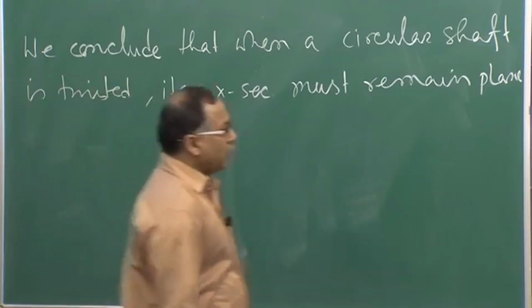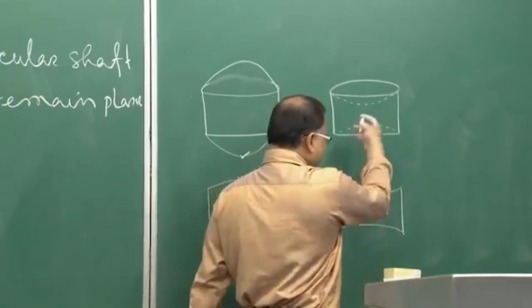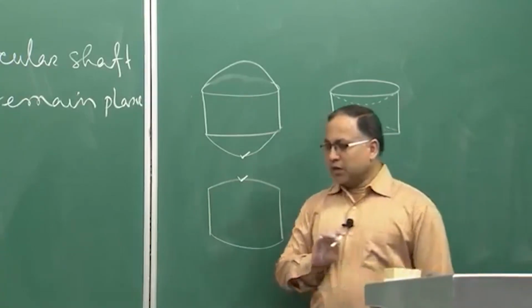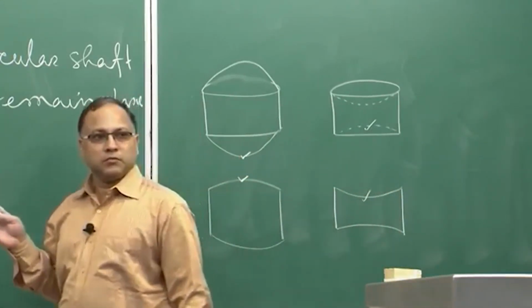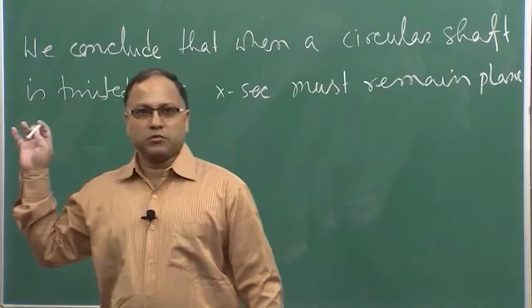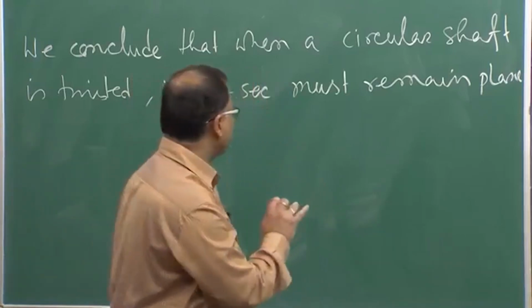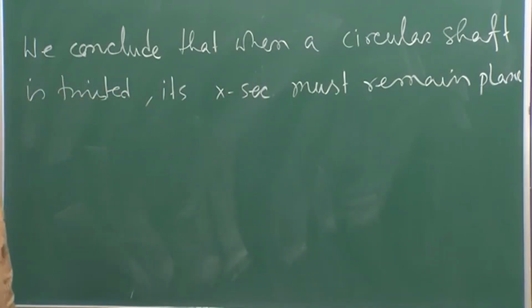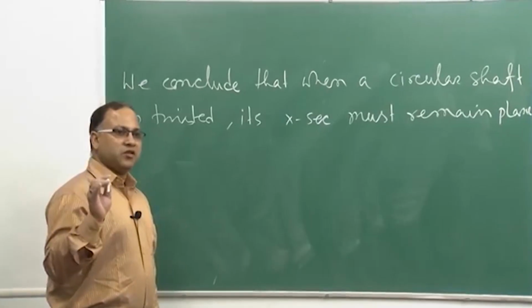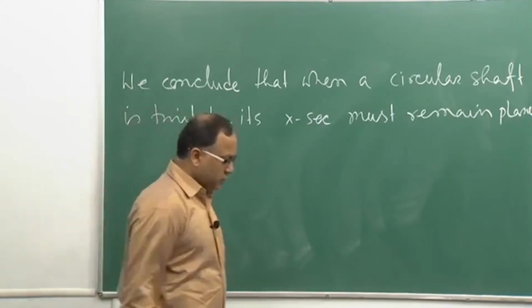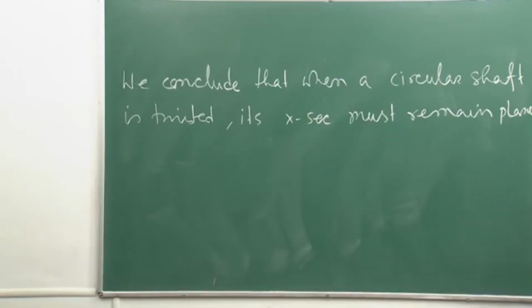So, this kind of bulging out or dished in configuration is not acceptable, they are ruled out. Only the plane section will remain plane even after the application of the twist. So, that is the first conclusion we are drawing from the symmetry argument.